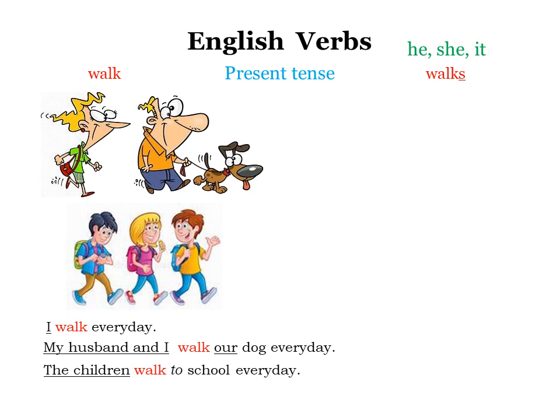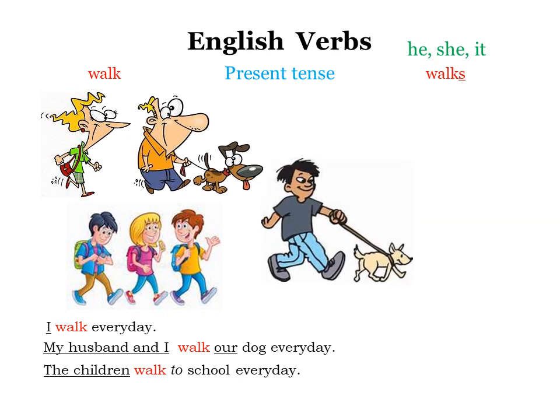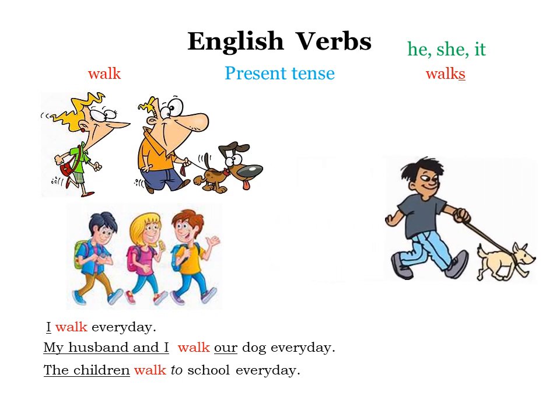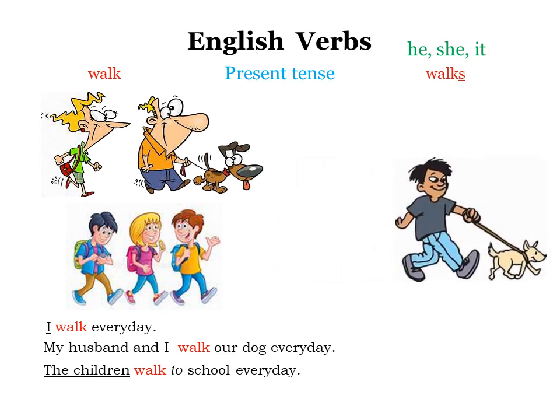But this is a verb, and in a verb, we only add the S when it's third person, he, she, and it, and only when it's present tense, positive. For example, that boy walks his dog every day.